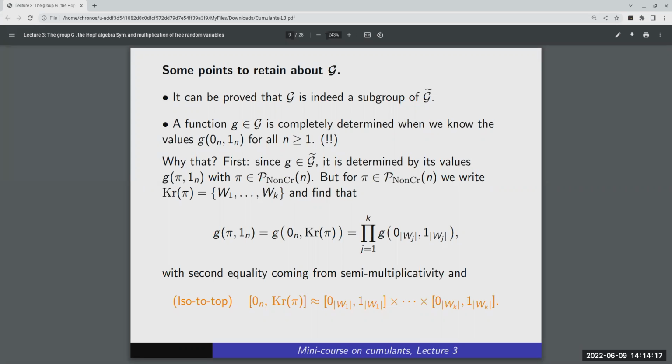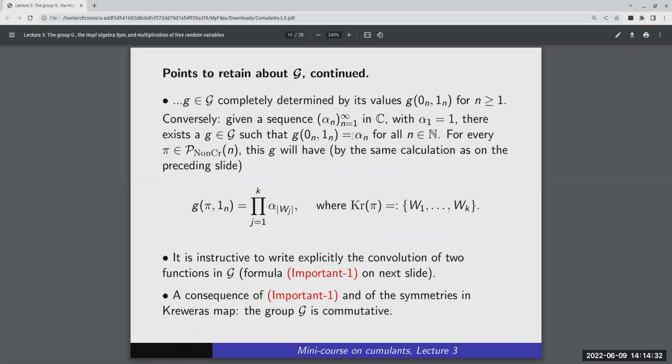So this means that a function in G is determined by a sequence of numbers. It is a lot more particular than what we had in G twiddle. It is completely determined by its values like this.